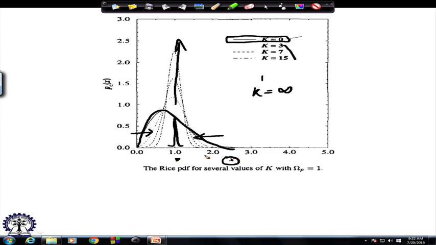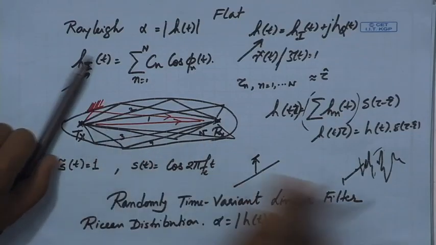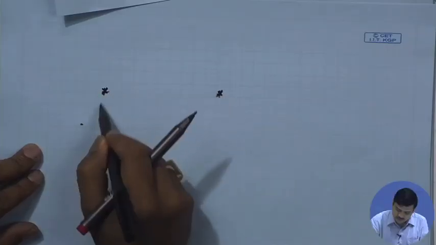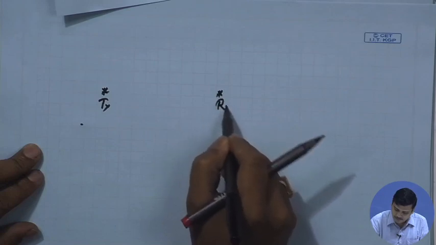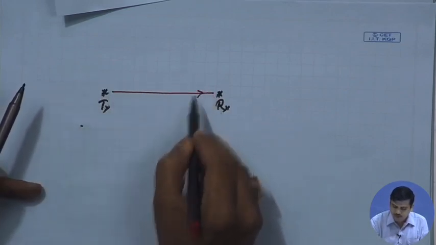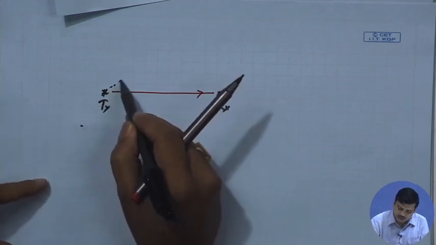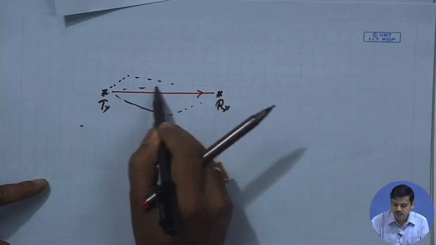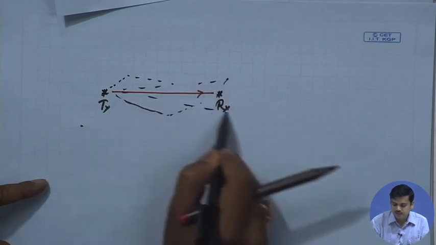So, when there is a very, very strong specular component compared to the others, or we can say that between the transmitter and the receiver there is a very strong specular component, whereas the reflected paths are very, very small. There is hardly any signal strength available in the reflected paths.